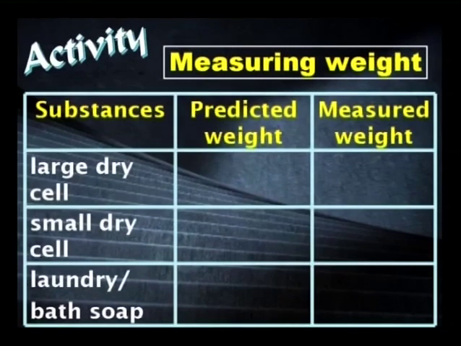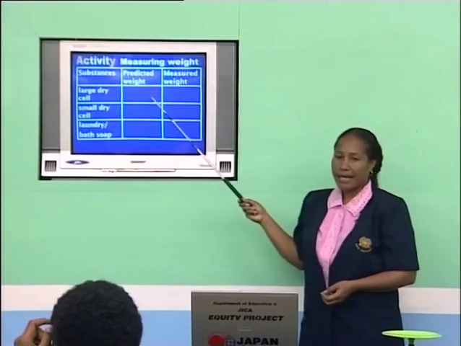All right, let's sit, confirm your table. In this column you should have substances. And in your workbook you will find large dry cell, small dry cell, laundry or bath soap. The next column you will see estimated mass.